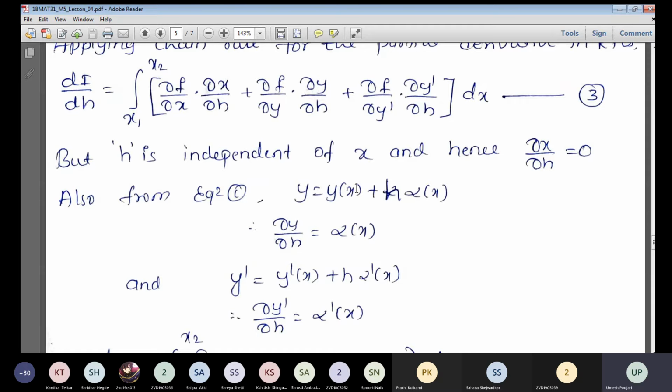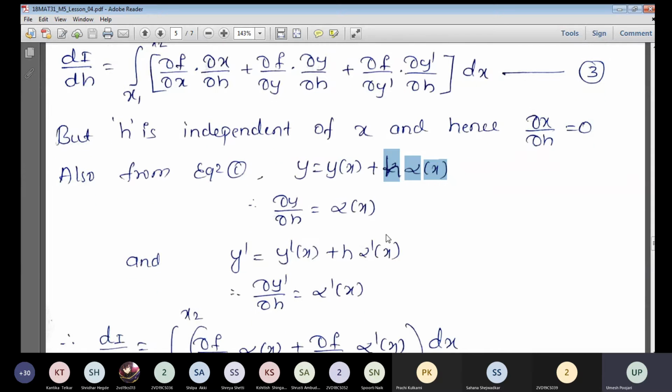So the derivative of y of x will be 0, plus h into alpha of x. Now you are differentiating y partially with respect to h, so alpha of x acts as a constant. The derivative of h with respect to h is 1. So dou y by dou h is alpha of x.